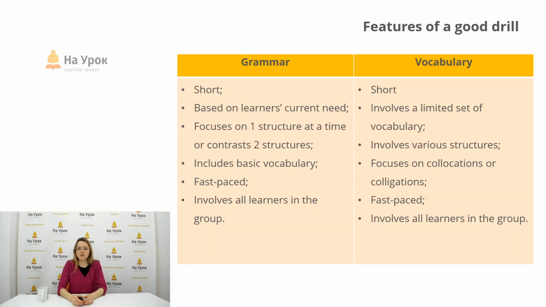It will involve various structures based on what your learners already know. If they know the present simple and the present continuous, great. You're going to do question and negative and statement, and then a short answer at some point. So you're going to rotate the structures and stick to this set of vocabulary items.